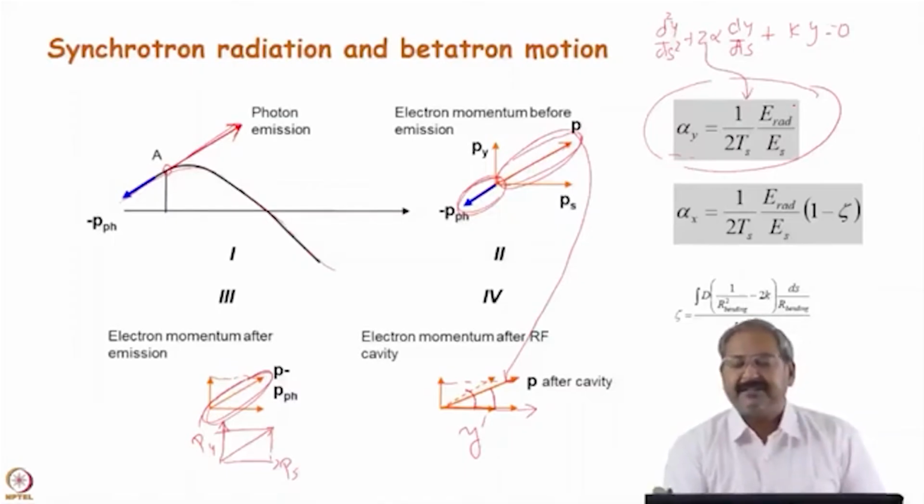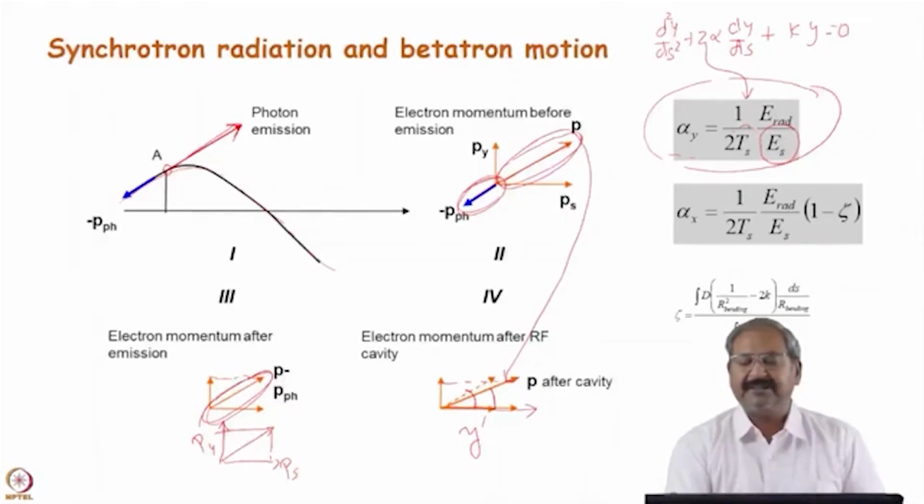You can see that the subscript S in this formulation shows the synchronous particle, meaning E_S is the synchronous energy, T_S is the revolution time of the synchronous particle, and E radiated is how much energy is radiated during one turn. So if we increase the energy, E radiated also increases and the damping coefficient increases, because E radiated increases as E raised to the power 4.